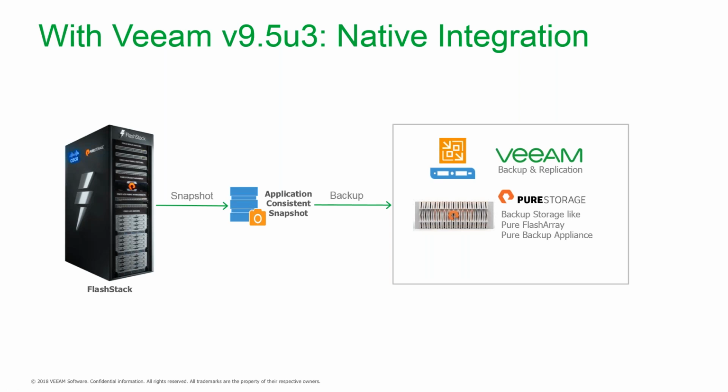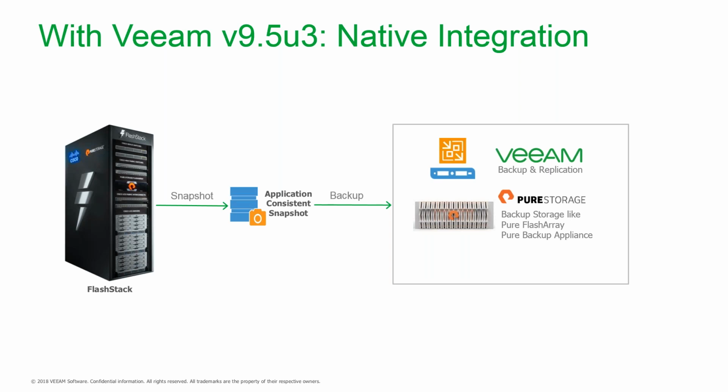Veeam brings some intelligence into that process. We're able to perform application consistency and even identify the application, manage logs, back up logs for you for applications like SQL and Oracle. And then we can send those backups to any target you wish. In this case, we're sending those backups directly to a FlashBlade.